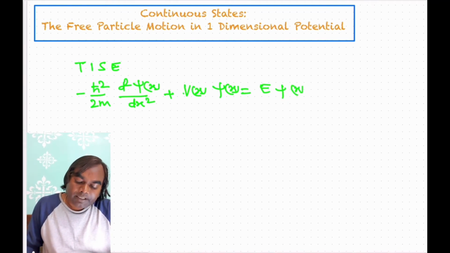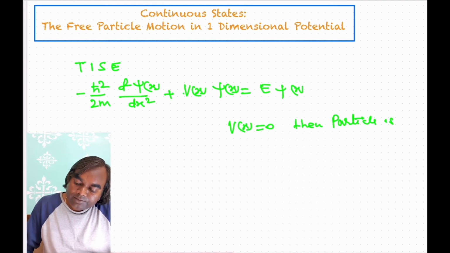For a particle in free potential, that means if V(x) is equal to 0, then the particle is free to move.